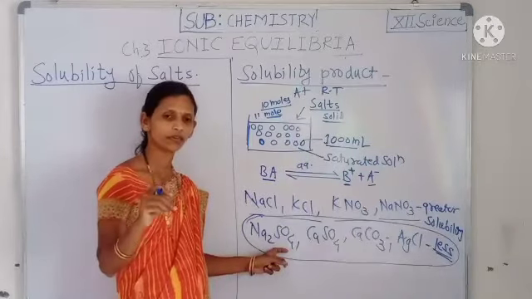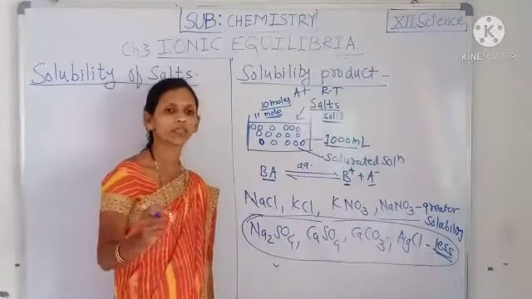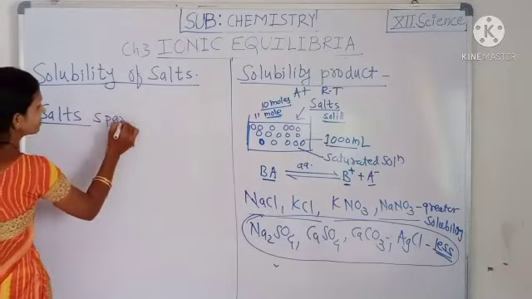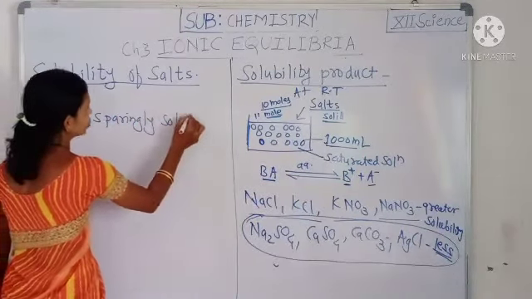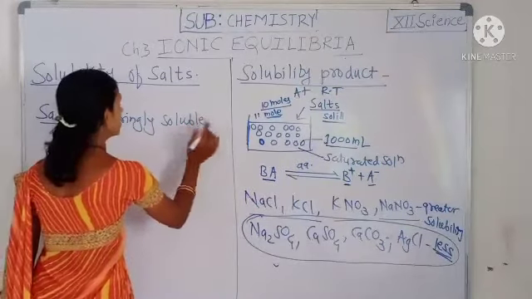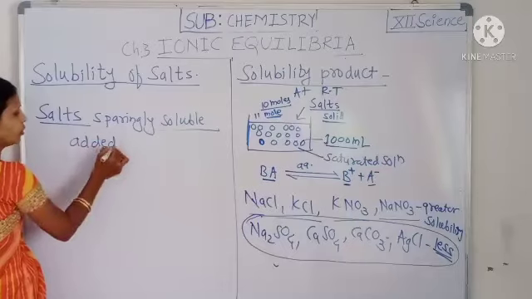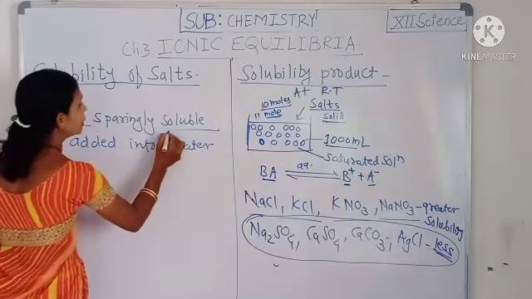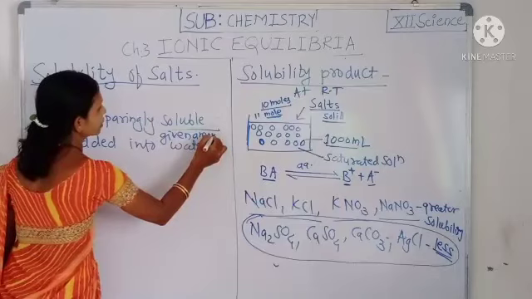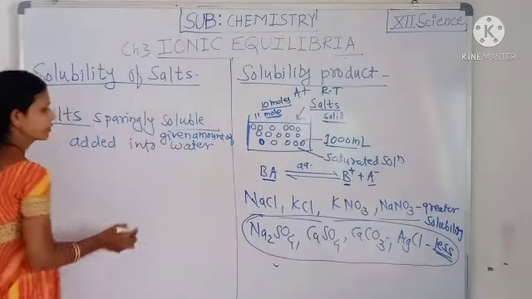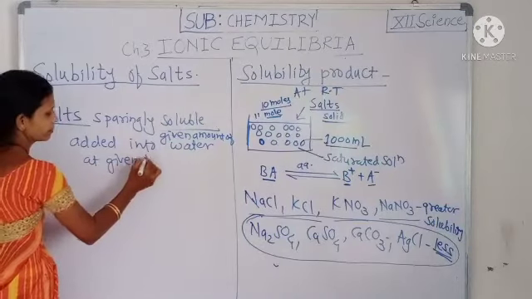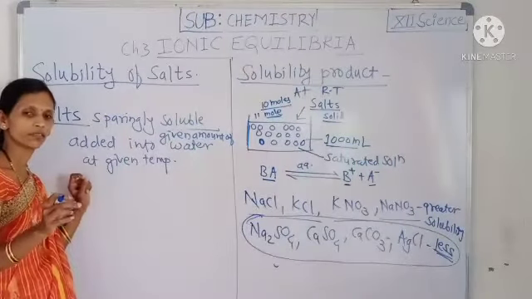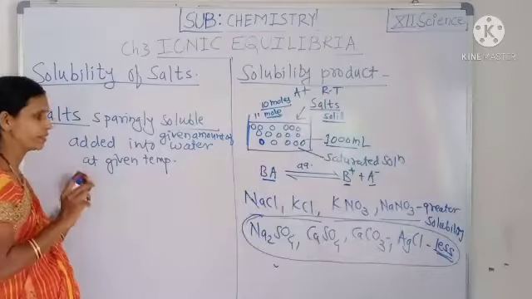Then these salts are sparingly soluble salts. When a sparingly soluble salt is added to or dissolved in a given amount of water at a given temperature, it dissociates to a very small extent.